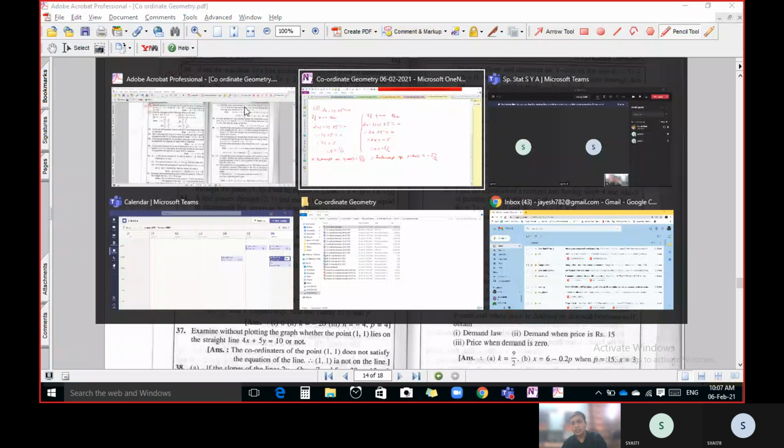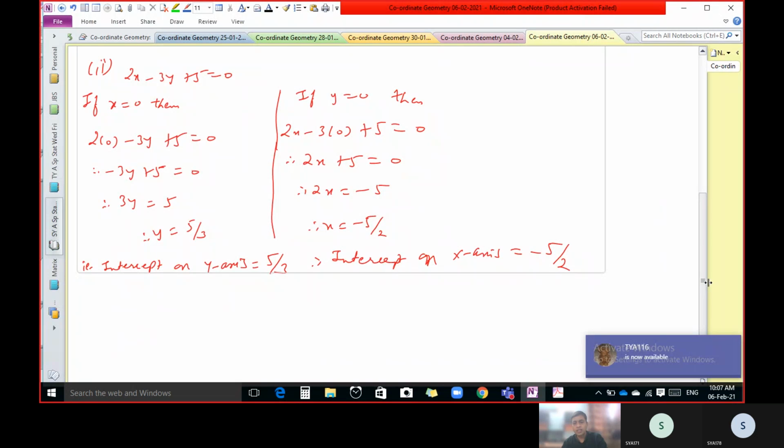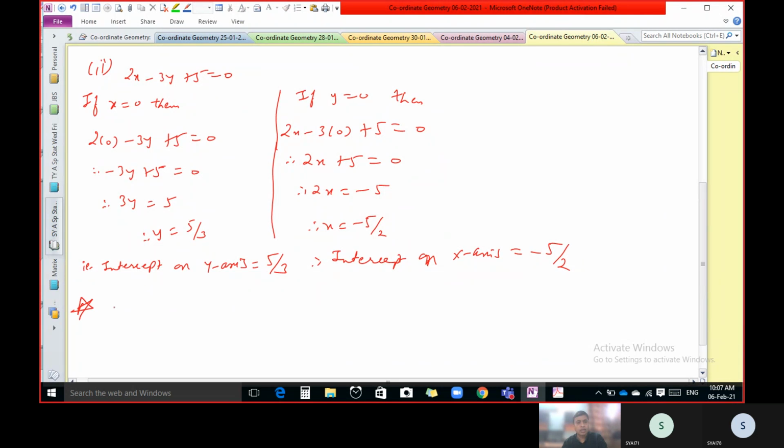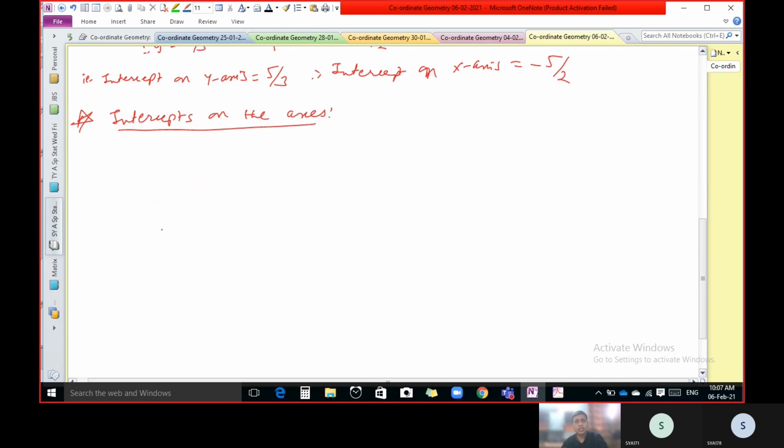We had already discussed the meaning of intercept. Let us discuss once again what is the meaning of intercepts on the axis. Let us assume this is the first quadrant only, and there is one line like this.